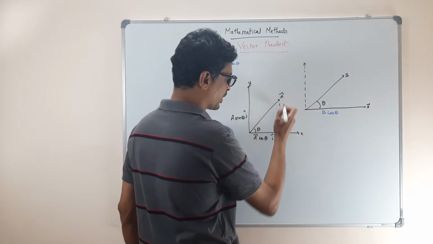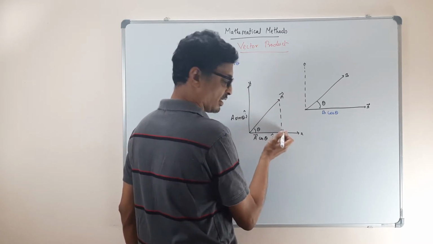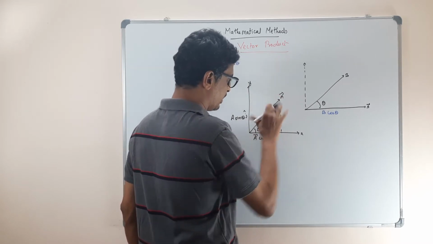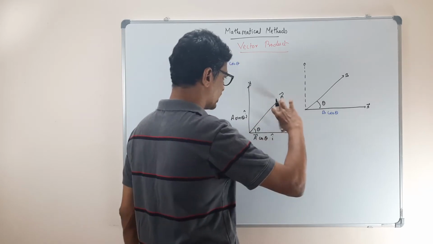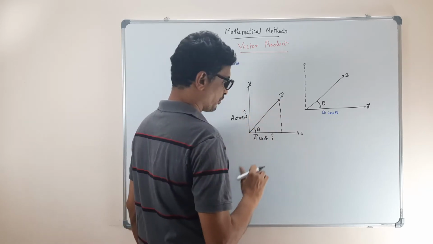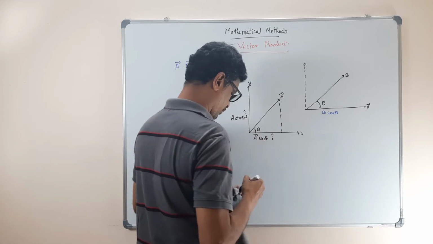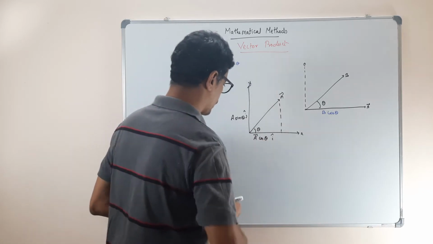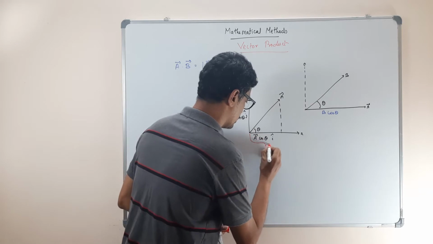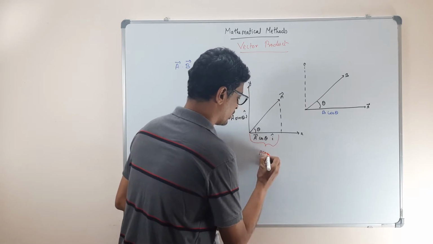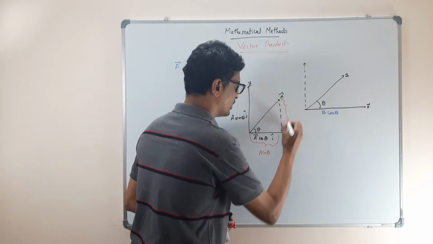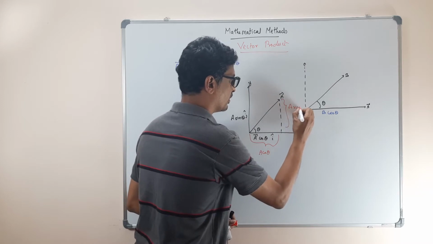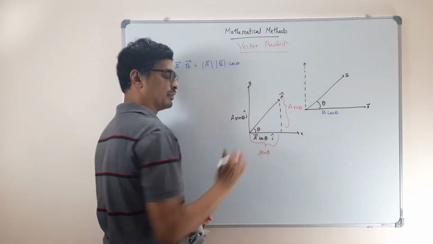Correct? Because this length is a cos theta, and this length is a sin theta, and that is the magnitude of it.